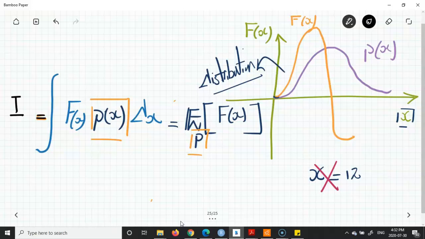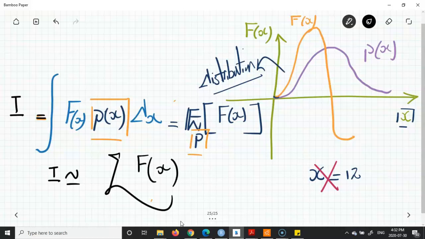Then I can be approximated by the average, with the sigma sign, of my f of x evaluated at each random value which I extract from the distribution, starting from 1 and going to n.